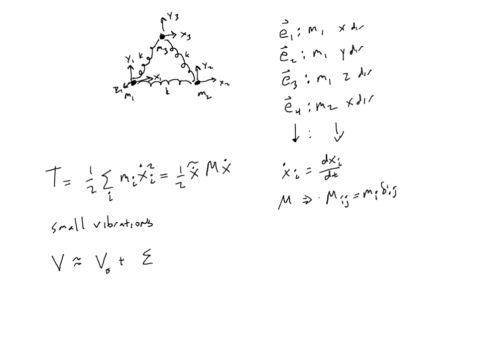So we have V naught plus the sum over i of partial V with respect to xi, evaluated at xi equals 0, times xi, plus the sum over i and j of 1/2 times the second derivative with respect to xi and with respect to xj, at xi equals 0, multiplied by xi xj.